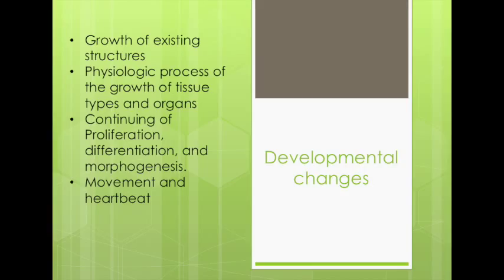The changes in the fetal period may not be as profound as the changes in the previous periods of prenatal development, but the changes that do occur are crucial in that they allow the newly formed tissue types and organs to function properly, and the embryo changes to a recognizable human being.